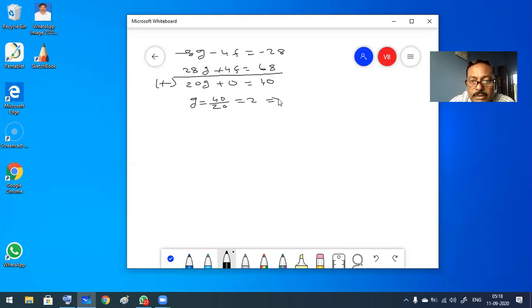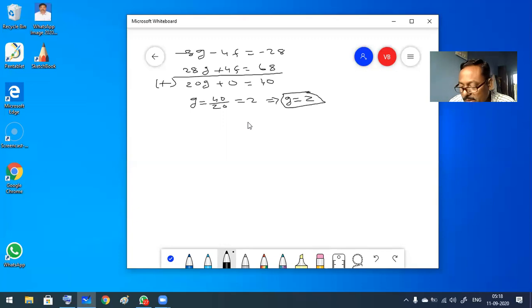So g is equal to 2, we get the value of g. If we substitute g in the equation above, we get the value of f.